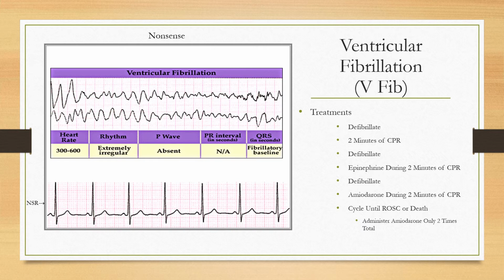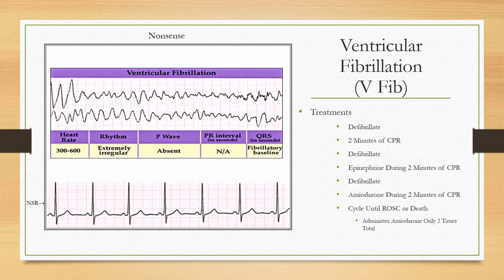Okay? And one of two things is going to happen. Either there's going to be return of spontaneous circulation, meaning we got a rhythm back on the monitor and we got a blood pressure and a pulse back, or the cardiac arrest is called and time of death is pronounced.